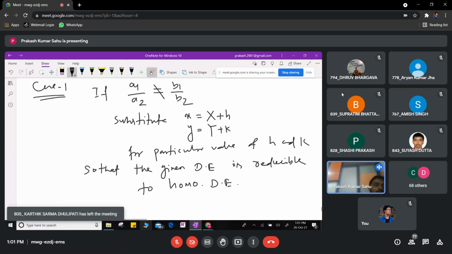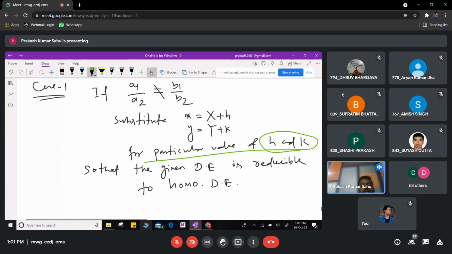So what is that particular value of h and k? Let us substitute in the differential equation.